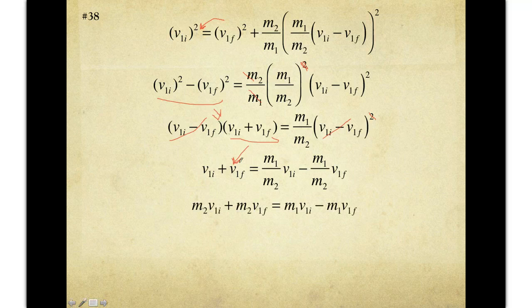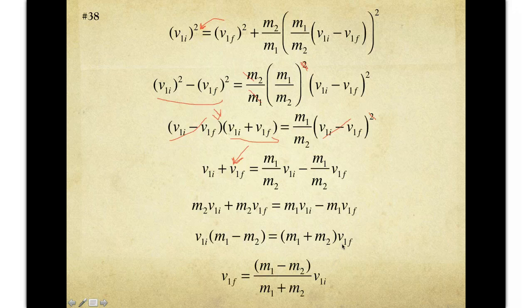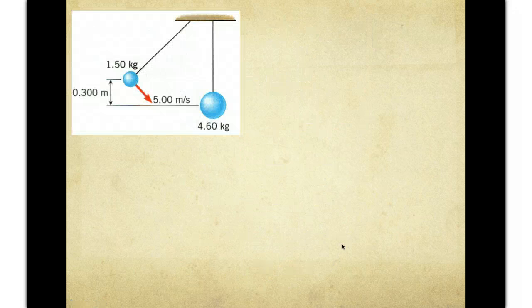So I'm going to rearrange. I'm going to multiply everything by M2 so I don't have any fractions. So multiply by M2 on both sides, and that's where this M2 is coming from. Then you rearrange everything with V1 initial on one side and V1 final on the other side. We're looking for this one, so rearrange this and end up with that formula.